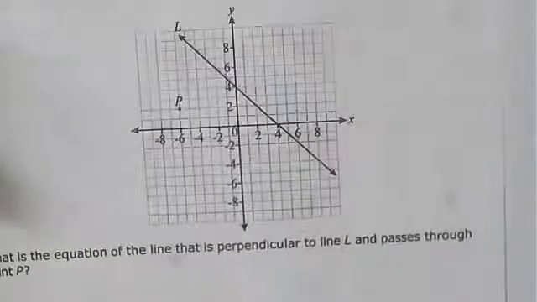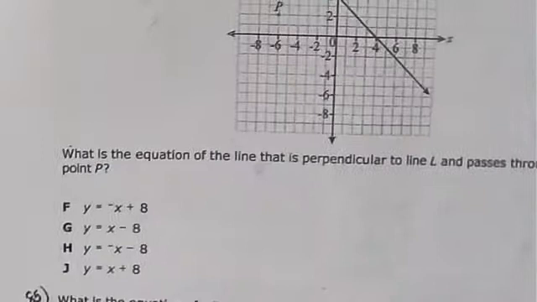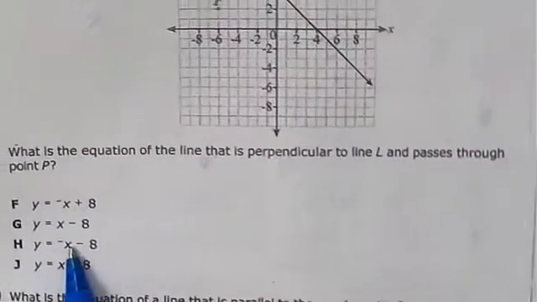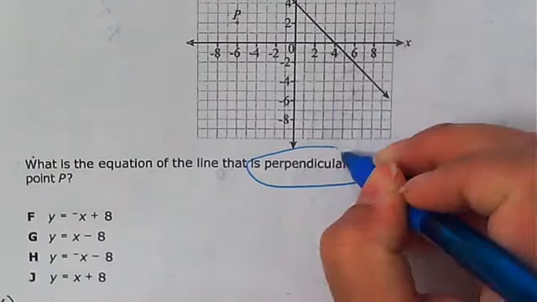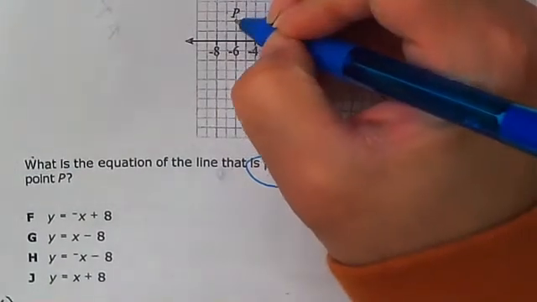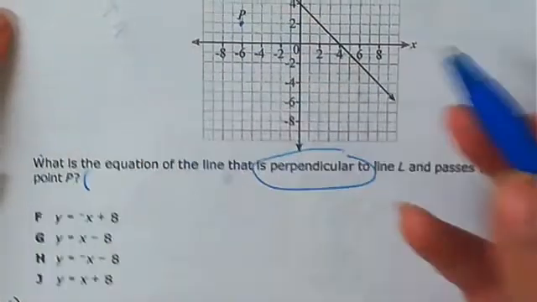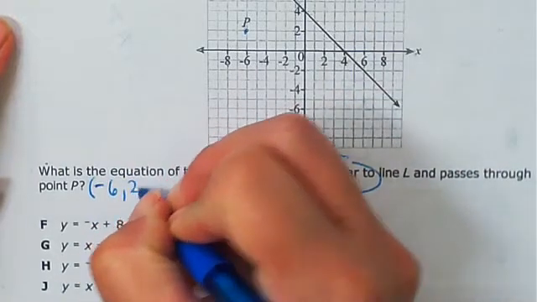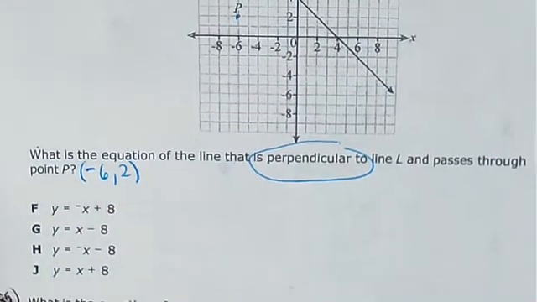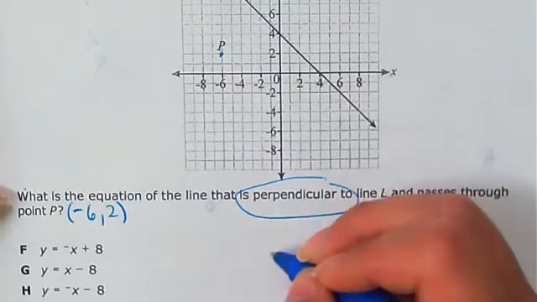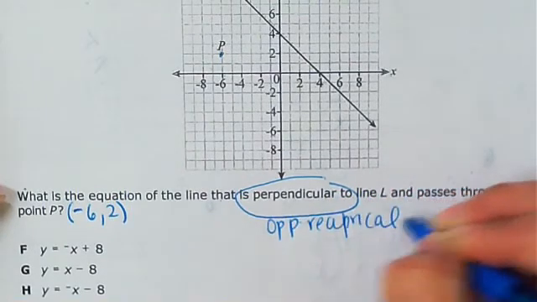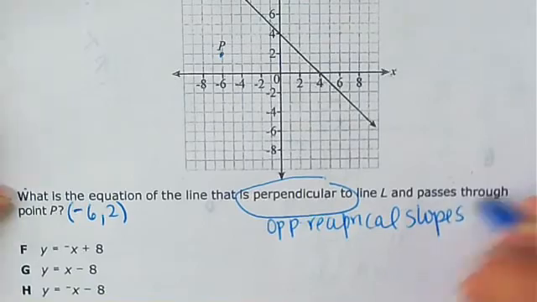Okay, let's go to 84. Remember, we're working backwards. I give you a graph, and I'm looking for another one that is perpendicular that goes through point P. Point P is actually -6, 2. Okay, well, perpendicular means that it's got opposite reciprocal slopes.